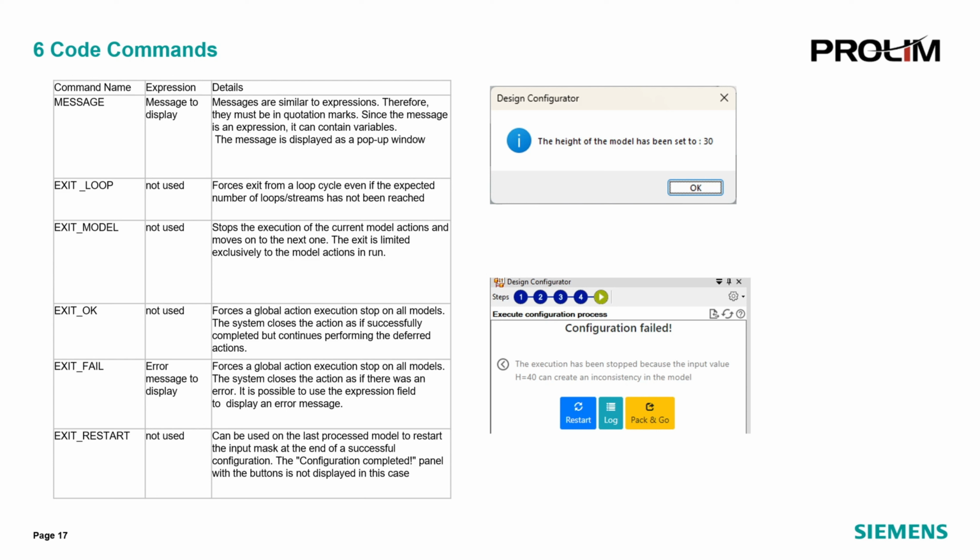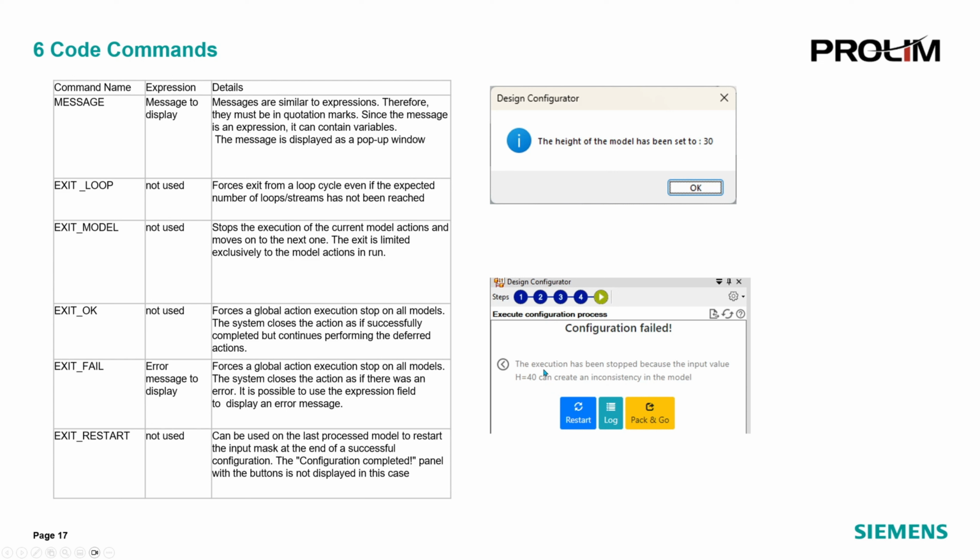Then we have exit fail. Exit fail is also going to help you display an error message, but the way it is displayed is slightly different. It forces a global action execution stop on all the models, and the system closes the action as if there was an error. The way it displays an error is something like this in the screenshot here.